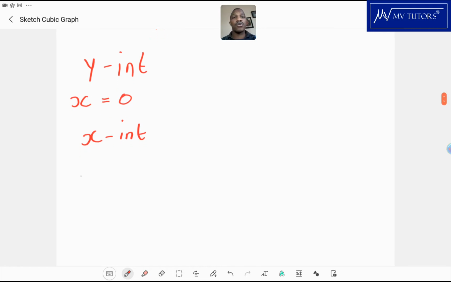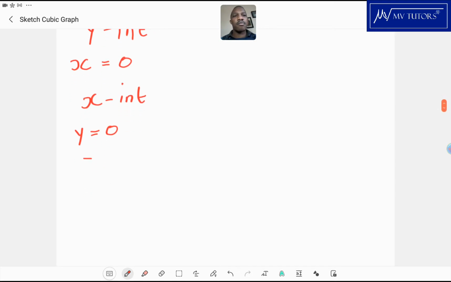Now, you let your y equal 0 as well. Okay, and then there are many ways you can solve that. One of the ways you can solve that is by simply factorizing.